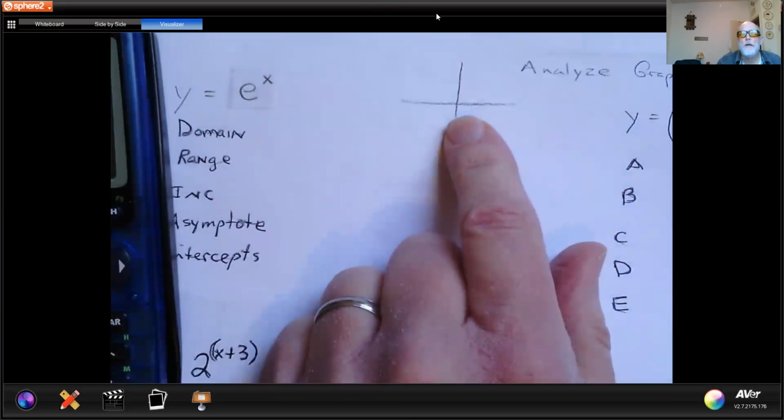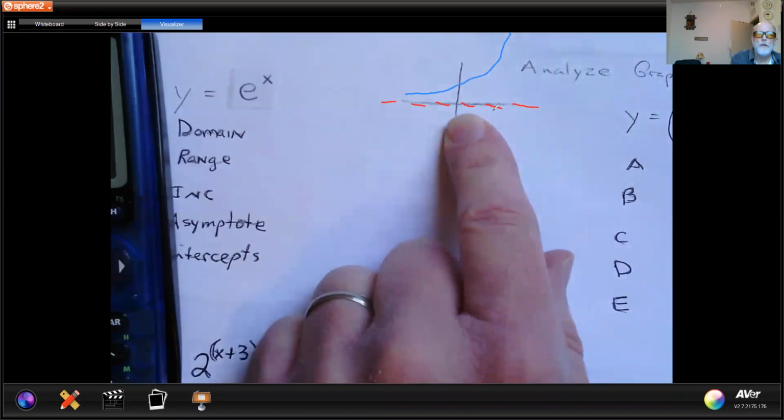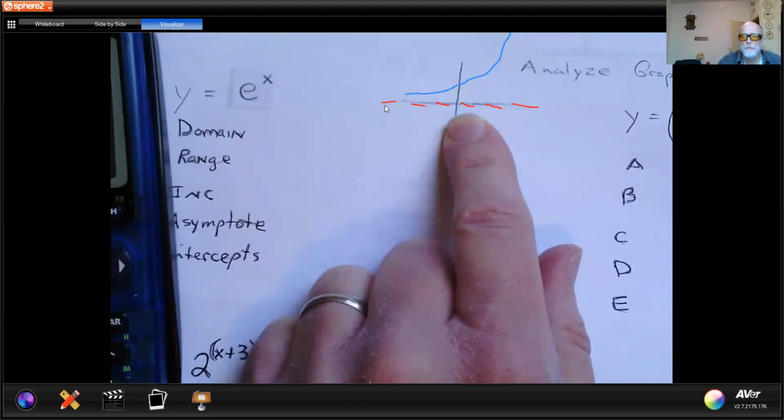We've got an asymptote right on this line, and we have the graph looking like this. Did I draw that right? Oh yeah, keeps going up, up, up, just like that, right?